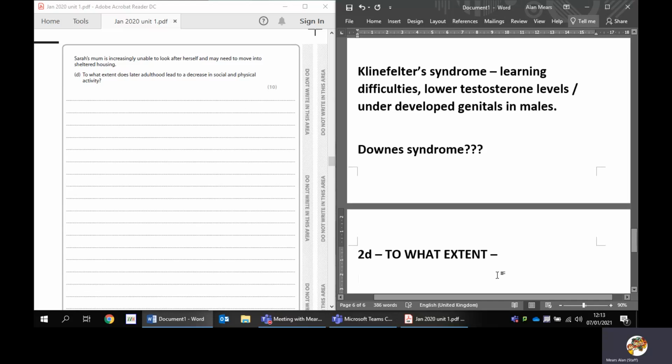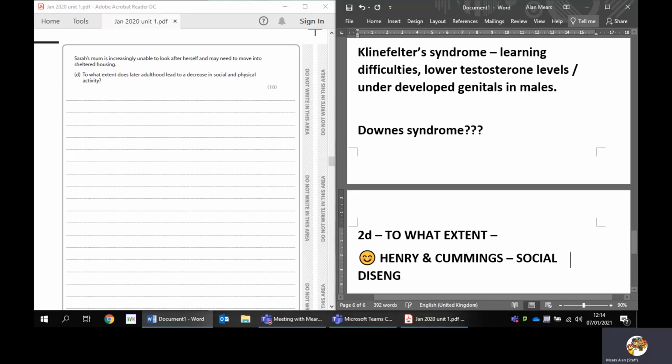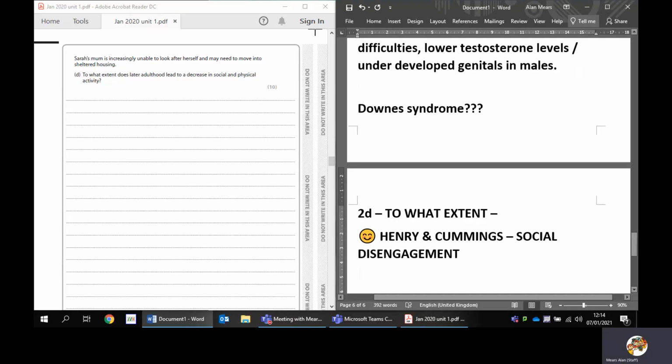So we'll go with the agrees. We know Henry and Cummings said this is their theory: social disengagement. That's their idea, that's the theory you can put in. Physical activity.